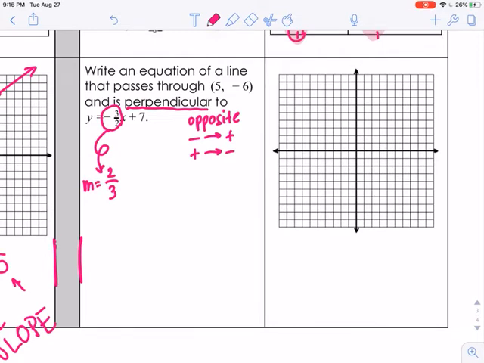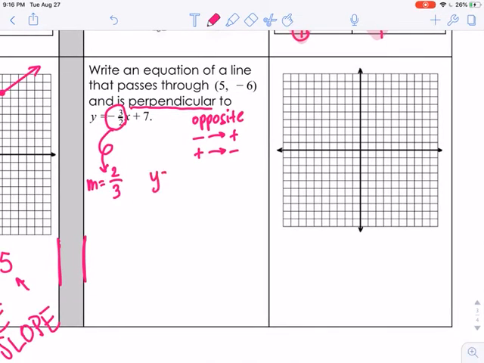So I have y equals 2 over 3, because I'm using my new slope, x plus b. But we need to know what b is, so we're going to use the x and y from my point to fill in x and y in my equation.